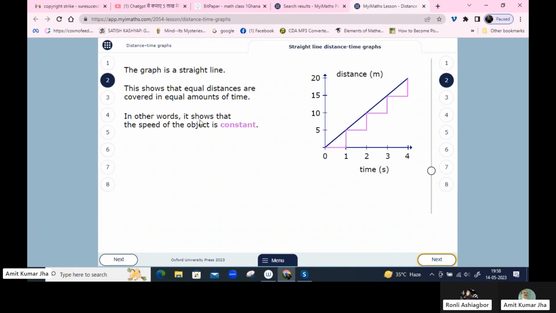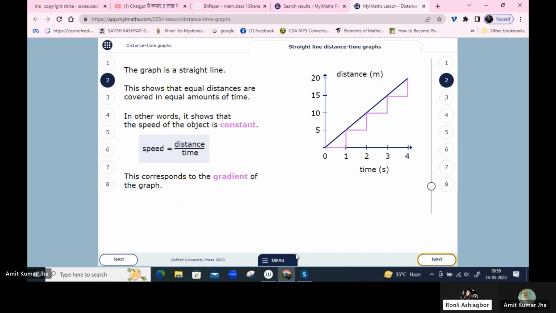In other words, it shows that the speed of the object is constant. Do you agree that the speed of the object is constant? Yes. Because the object is moving, covering the same distance in the same amount of time. So the speed formula will be distance by time. This corresponds to the gradient of the graph.